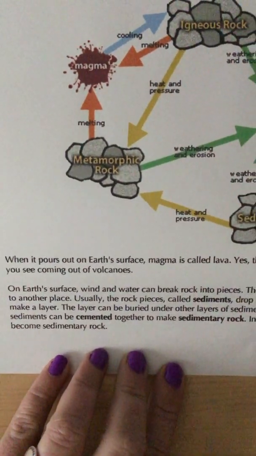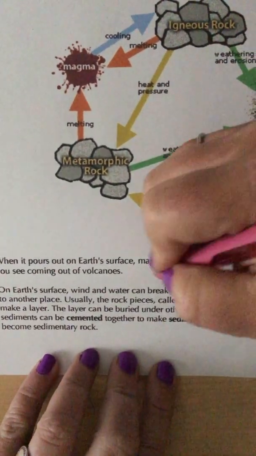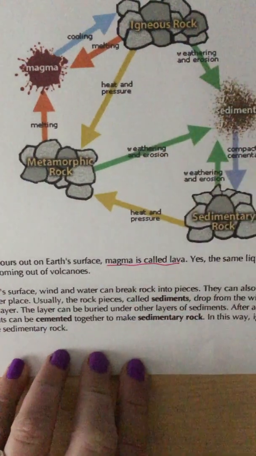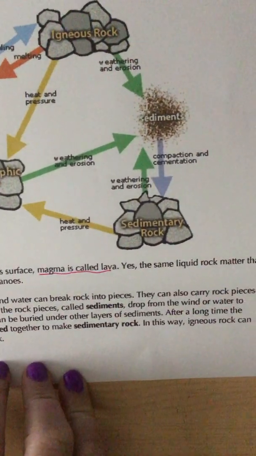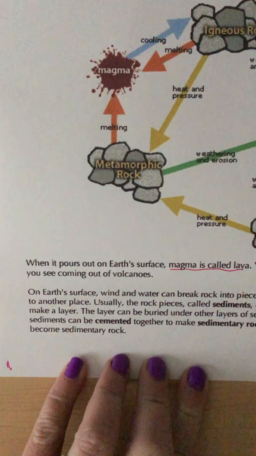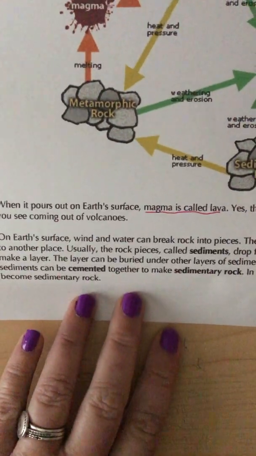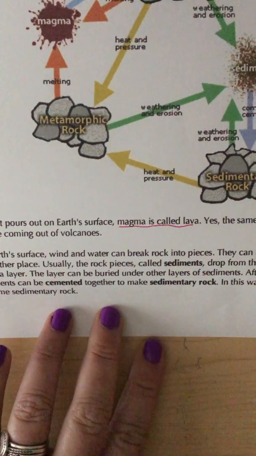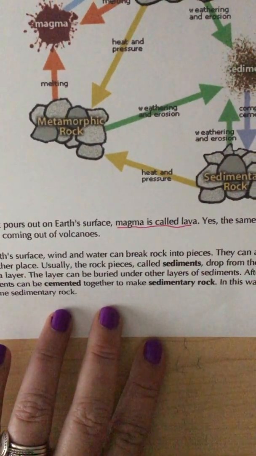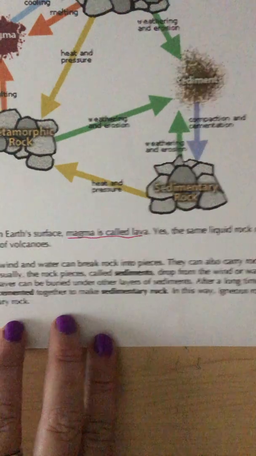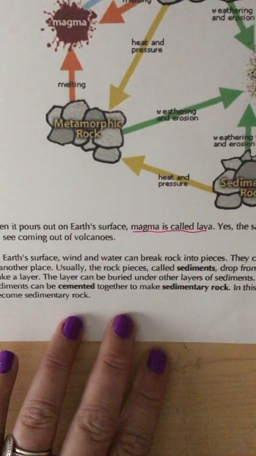When it pours out of Earth's surface, magma is called lava. Yes, the same liquid rock matter that you see coming out of volcanoes. On Earth's surface, wind and water can break rock into pieces. They can also carry rock pieces to another place.